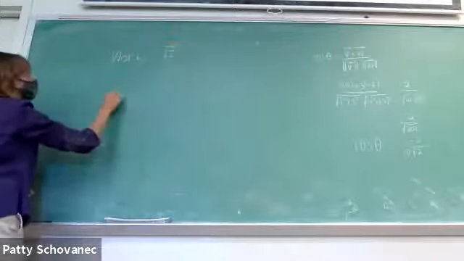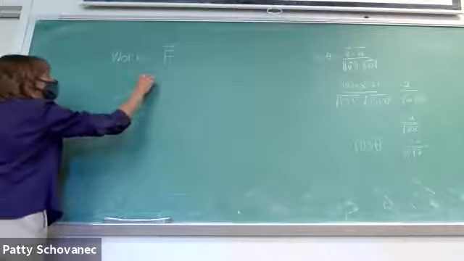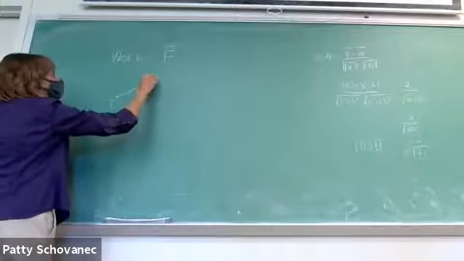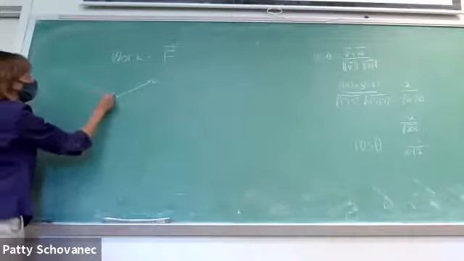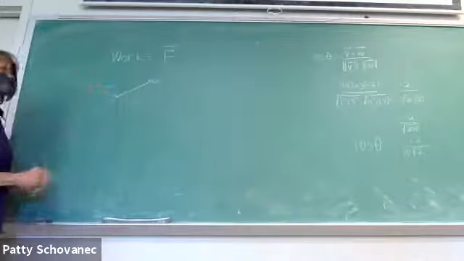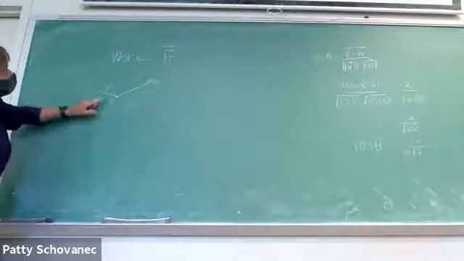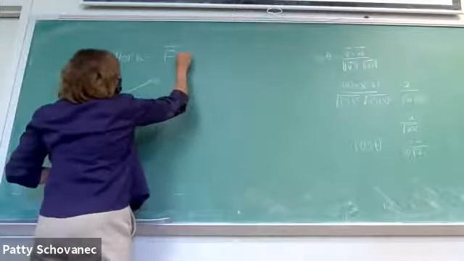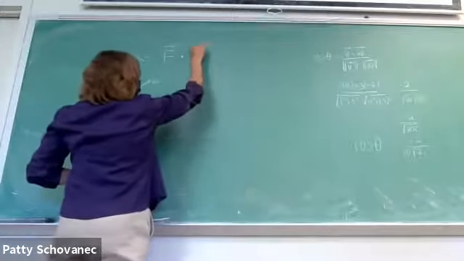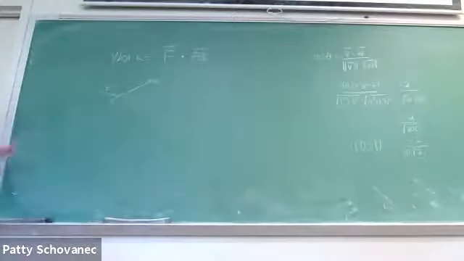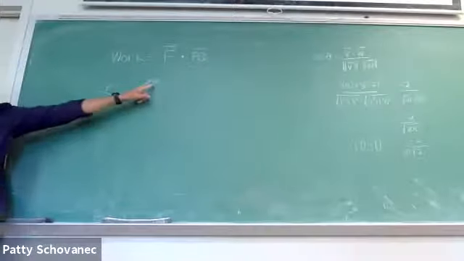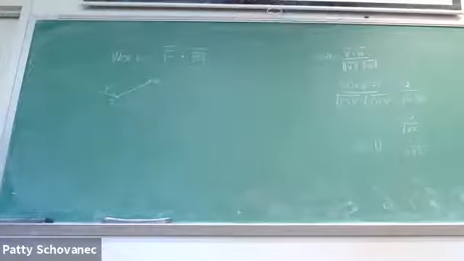So if we take an object and move it from point P to point Q by applying some force, work is the dot product of the force vector and the vector formed from point P to point Q, right?